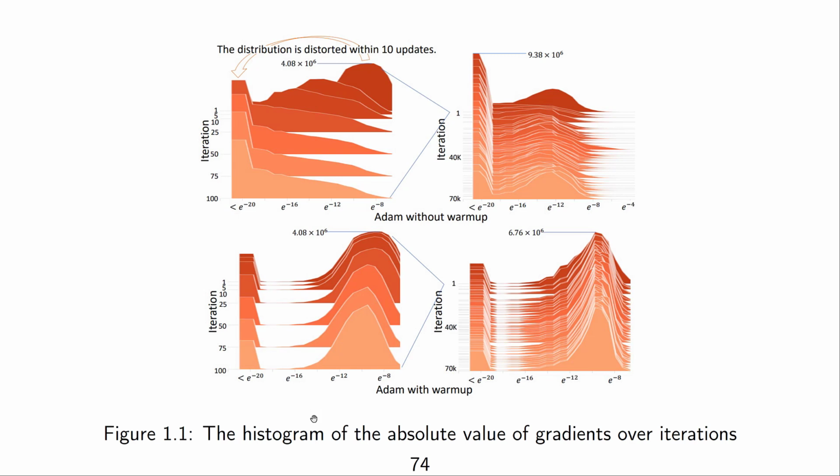The authors proposed the following experiment to illustrate the dramatic effect of warm-up. What we see here on top is ADAM without warm-up, and what the authors plot is a histogram of the gradients. You see the magnitude here, and then on the y-axis you see how many gradient components have a certain magnitude.